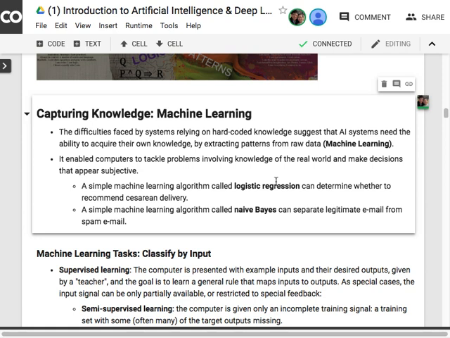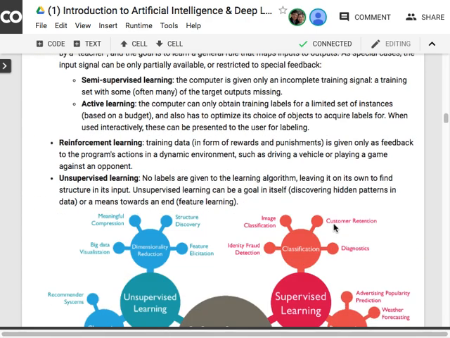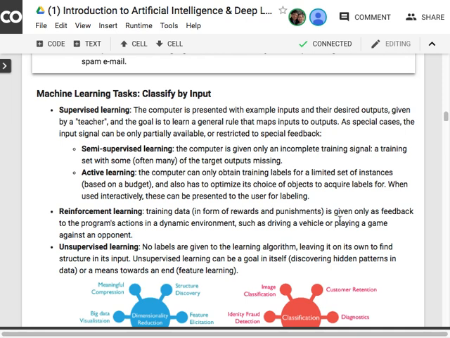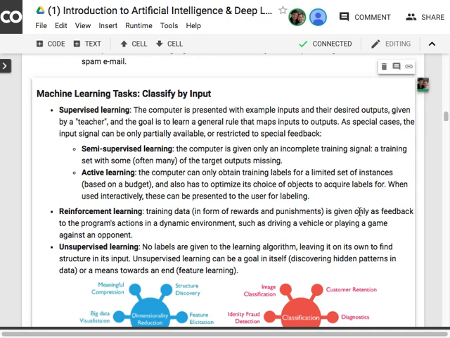Another one is the naive Bayes algorithm, which catches the pattern in email and is able to separate spam email from the normal email that we want to receive. So with the machine learning era, computers can capture the pattern by themselves, and we can split it into classification and so on.